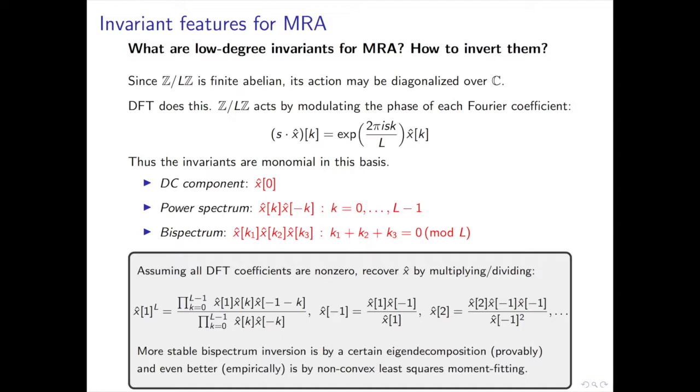So these are the sorts of questions that come up in orbit retrieval. What are the invariants? To what degree do I need to go for the population moments to determine the orbit? How do I solve for the orbit, and how do I do it stably?